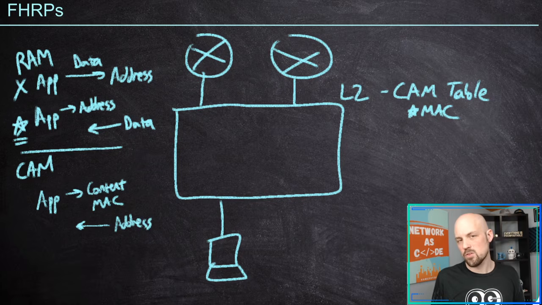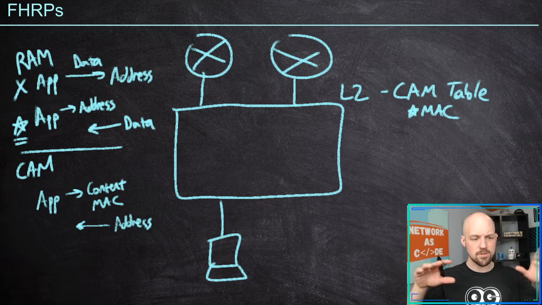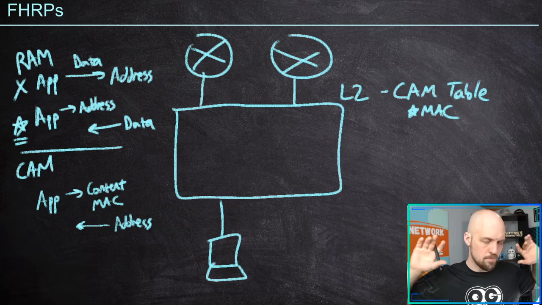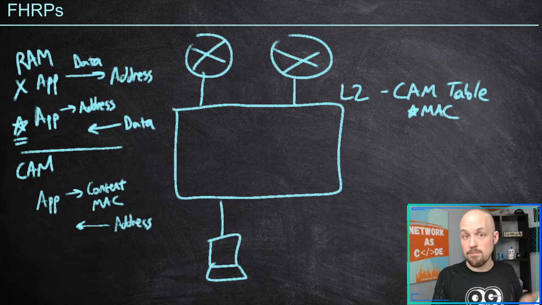I mean, technically that is what's happening. And then we use the address to figure out what interface to send something out. So I just thought that was interesting and worth sharing, a little bit behind the scenes. Again, this is supposed to be a little bit more of an advanced conversation. So this content addressable lookup concept goes beyond Cisco, goes beyond switches, goes beyond networking. It's a memory computer level function.